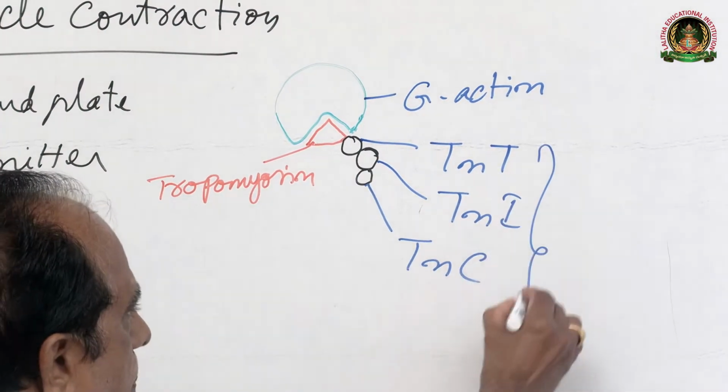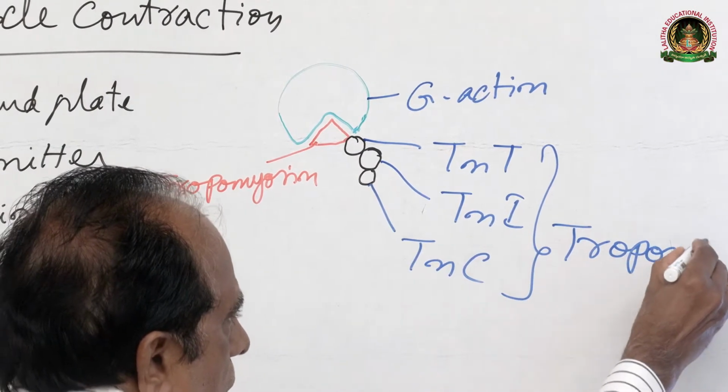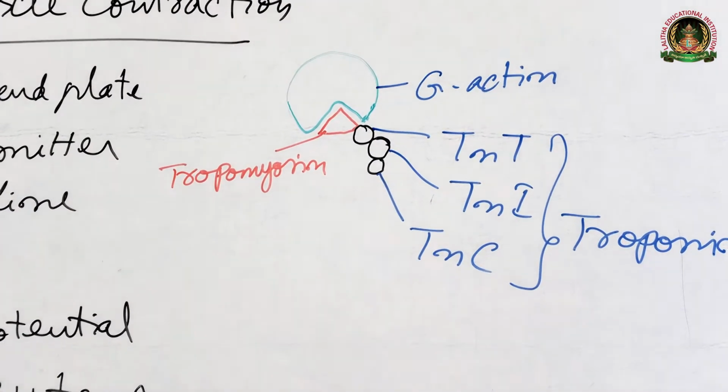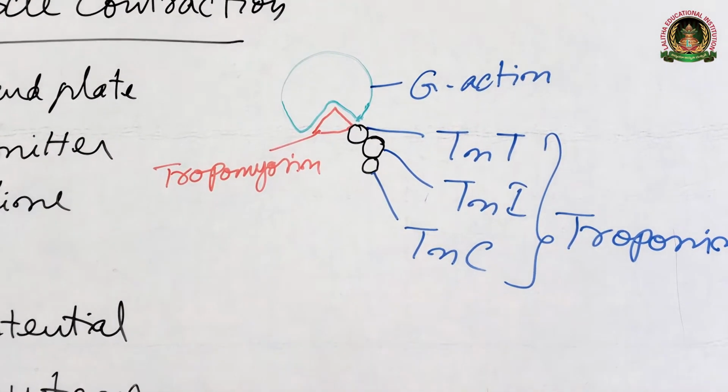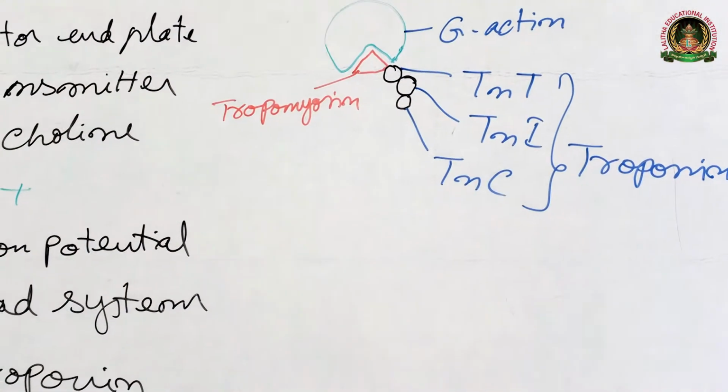So, this regulatory protein is troponin. We know that the proteins of muscle contraction are actin and myosin, whereas tropomyosin and troponin are regulatory proteins.